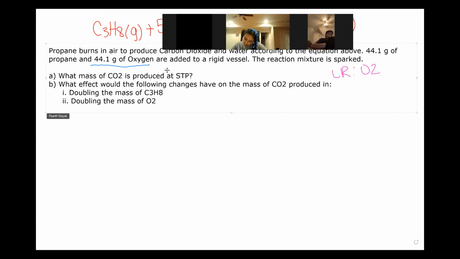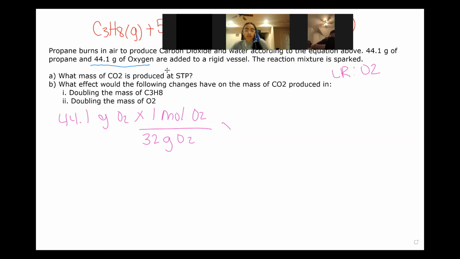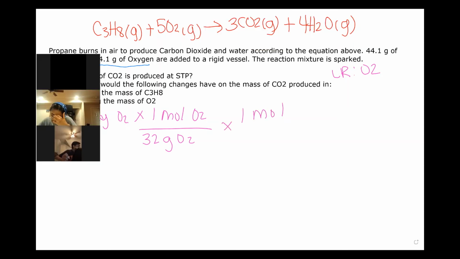So now that I know that my limiting reactant is O2, I can run the reaction. 44.1 grams of O2 times 1 mole of O2 over 32 grams of O2 times the mole ratio.